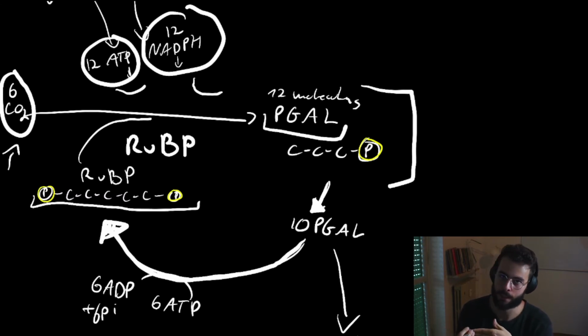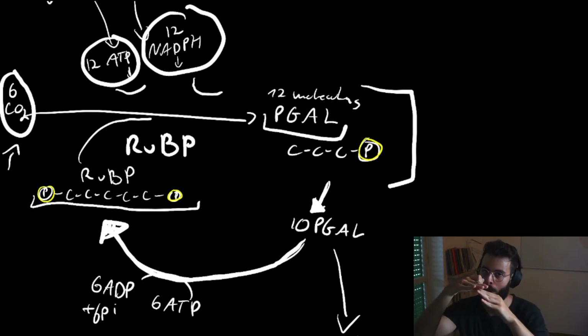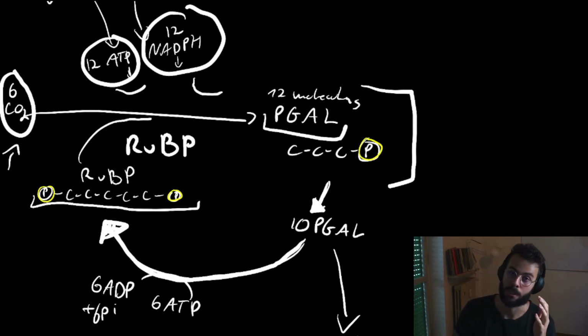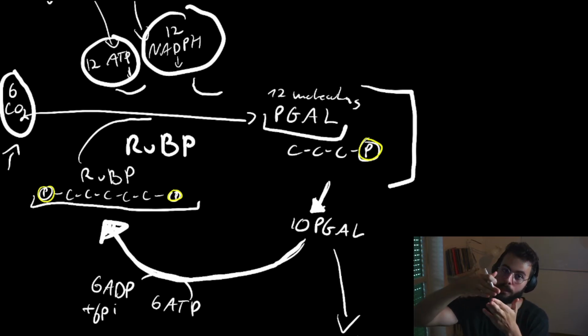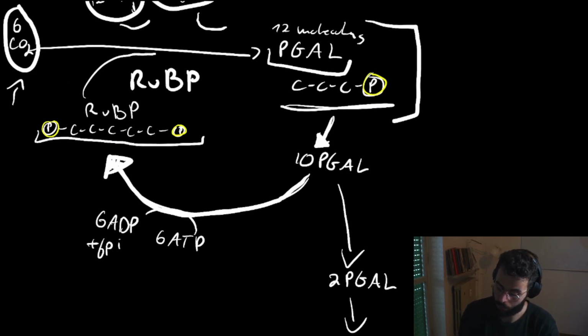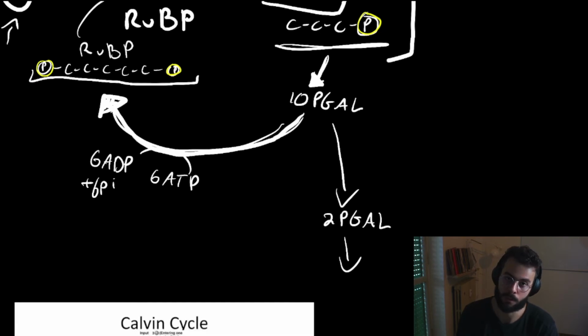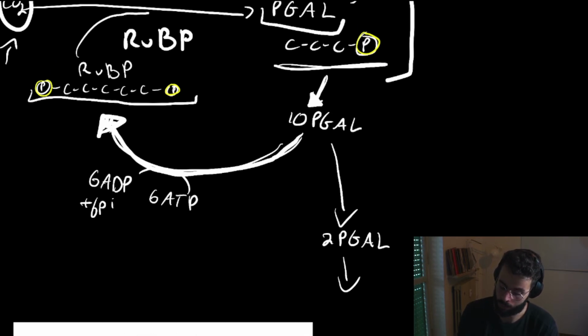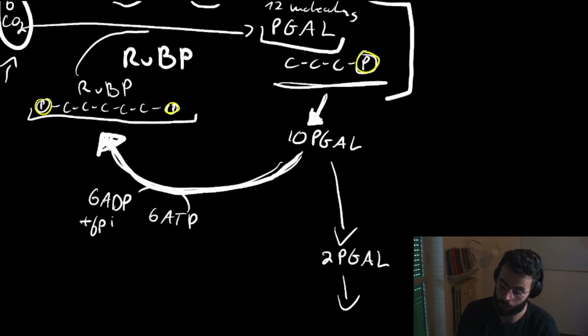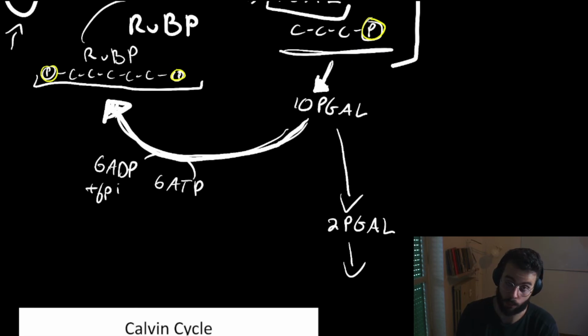Similar to the Krebs cycle, when the last molecule of the Krebs cycle combines with acetyl-CoA to continue the cycle, same here, we have ribulose bisphosphate combined with the carbon dioxide to continue the cycle. So we are going to have 10 of these molecules continuing the cycle. However, we are going to have 2 of these 12 molecules left, because we said we have 10 pGAL, and we produce 12, which means we have 2 left.